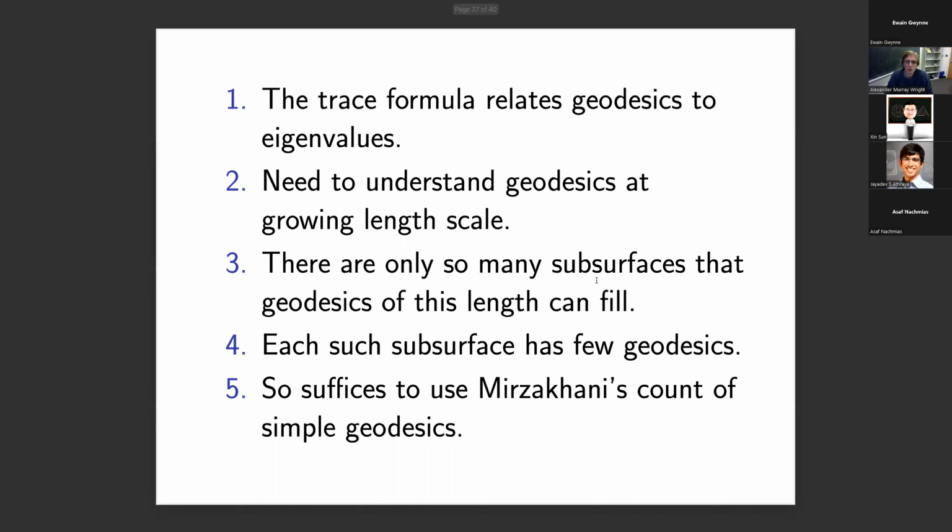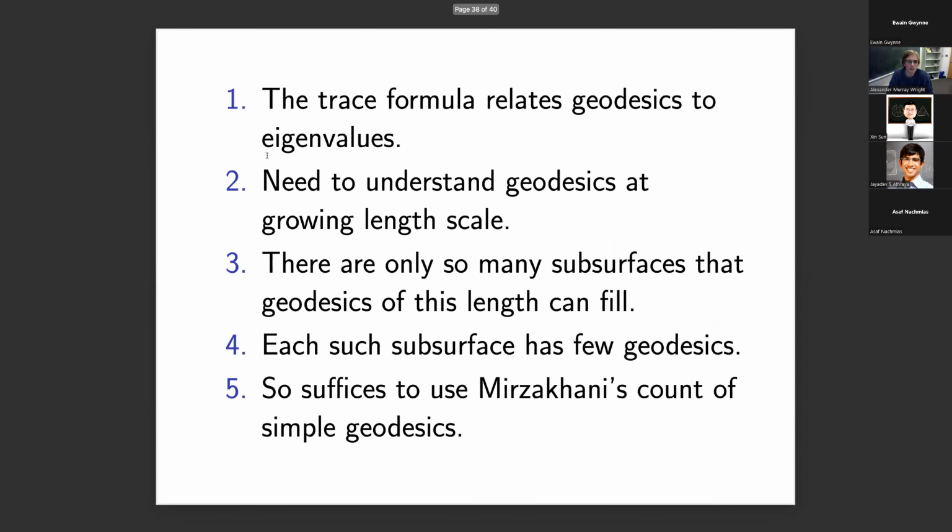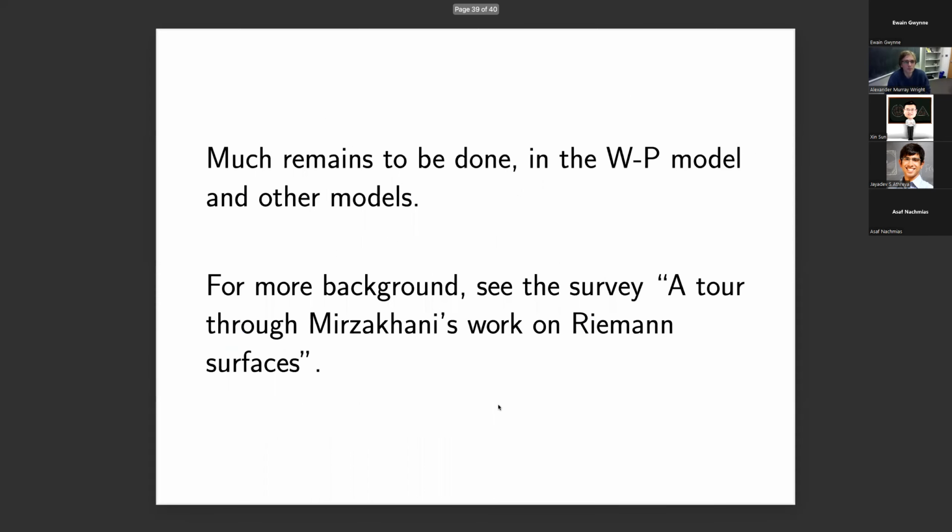And Mirzakhani says there are only so many subsurfaces that each geodesic of this length can fill. And we can show that typically each such subsurface has few geodesics. So we end up mostly caring about the simple geodesics, and Mirzakhani and Petri counted those for us. And so that's the outline of our proof.